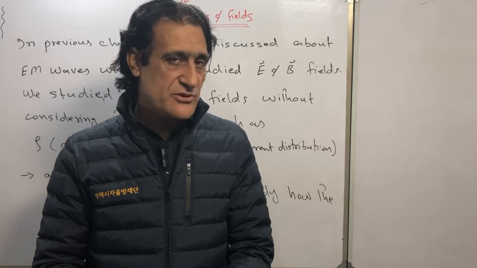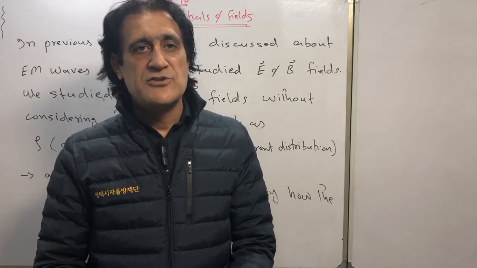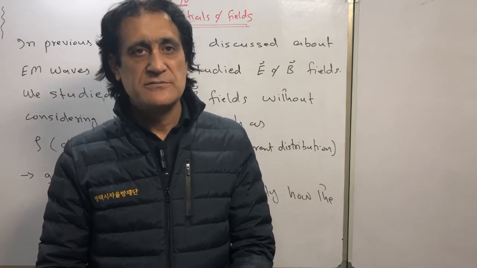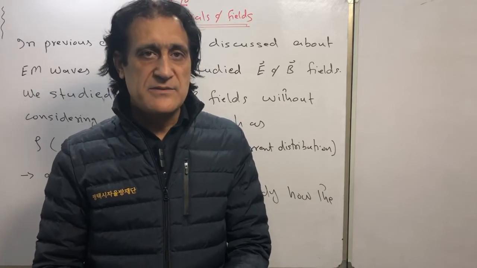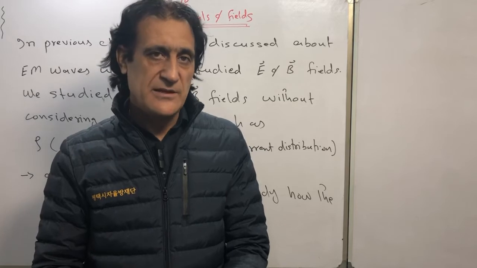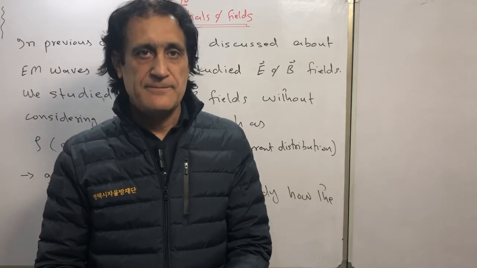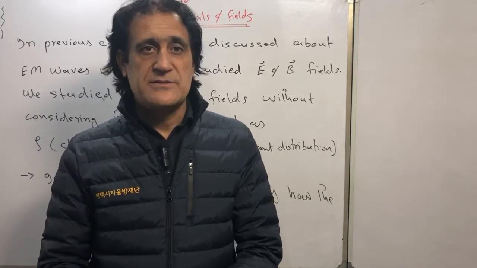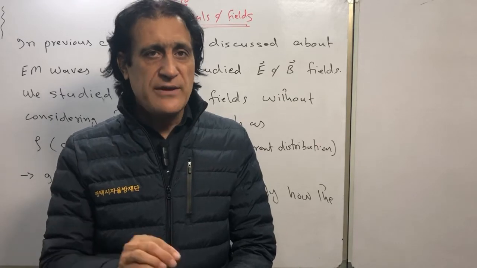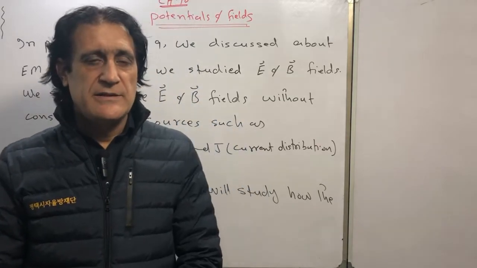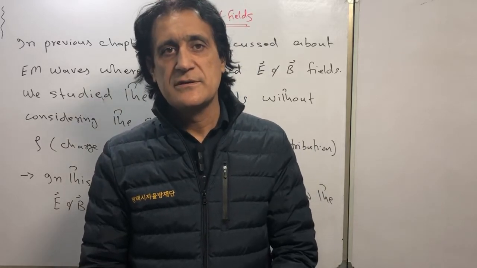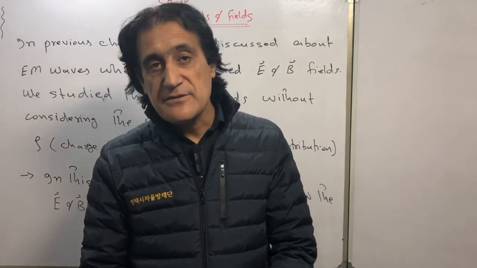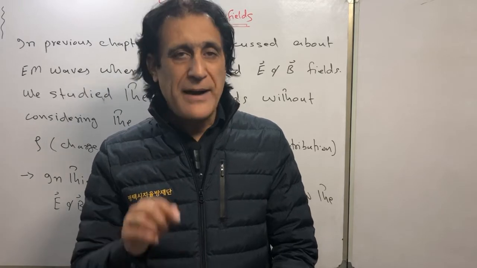The source distribution means charge distribution, which can be represented by rho, and the current distribution that can be represented by J. In this chapter 10, we will study the electromagnetic waves or electric and magnetic fields by considering the source distribution.